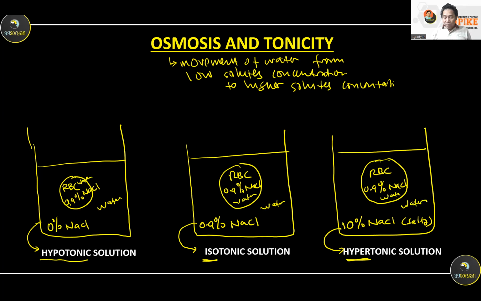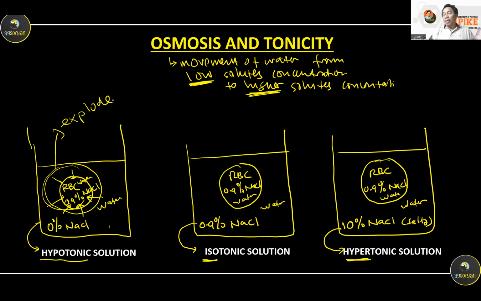Now where does the water go? Remember, water goes from low solute concentration to higher solute concentration. Outside is only 0 and inside is 0.9, so the water will enter the red blood cell. The red blood cell becomes bigger and bigger, and finally it will explode.